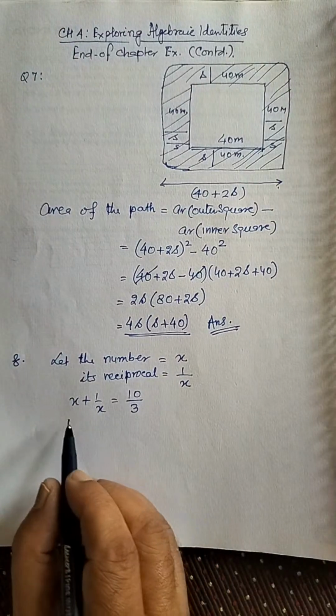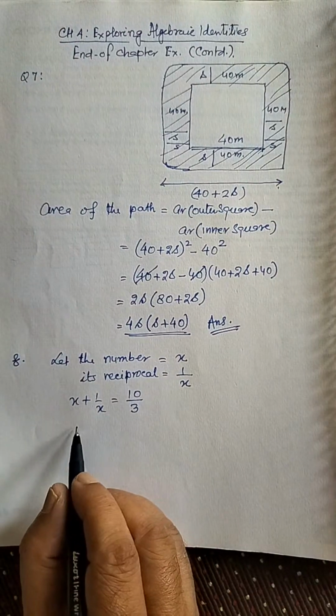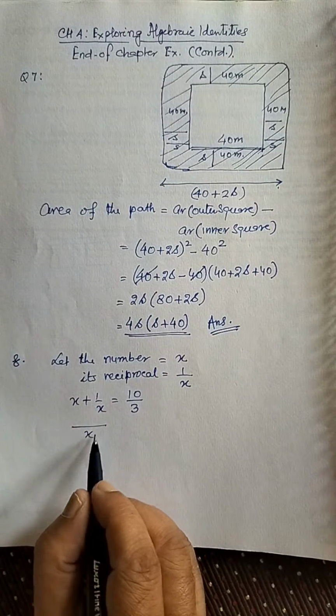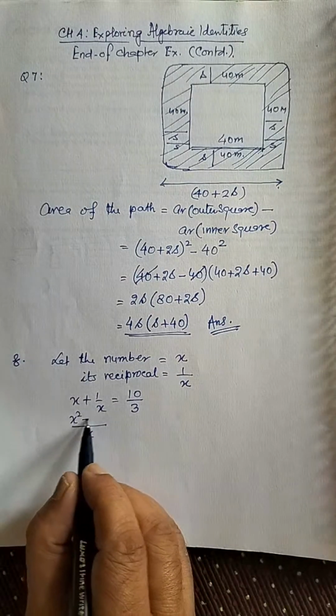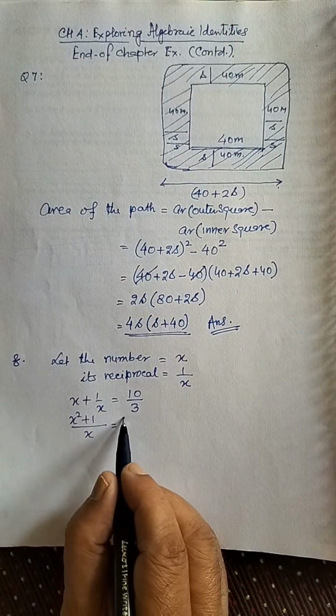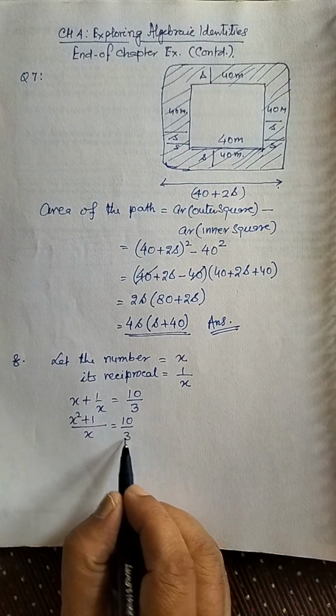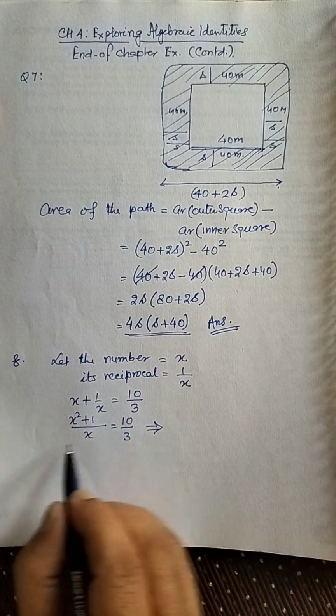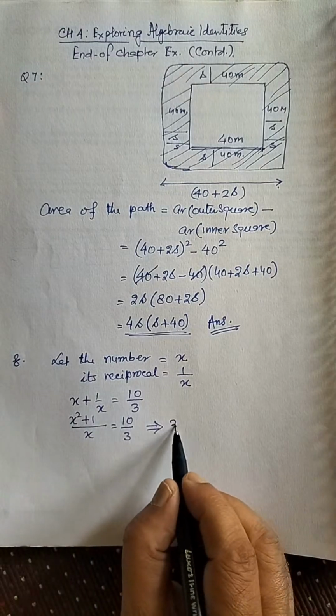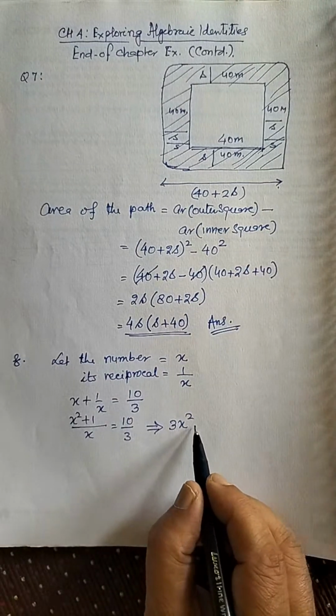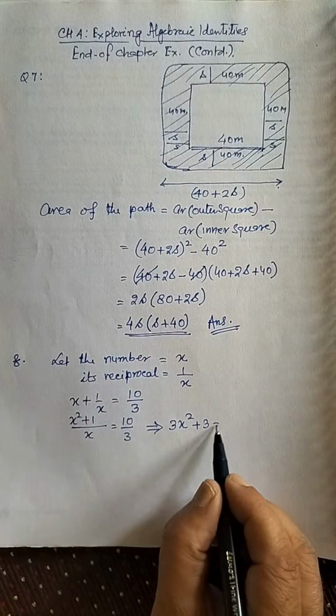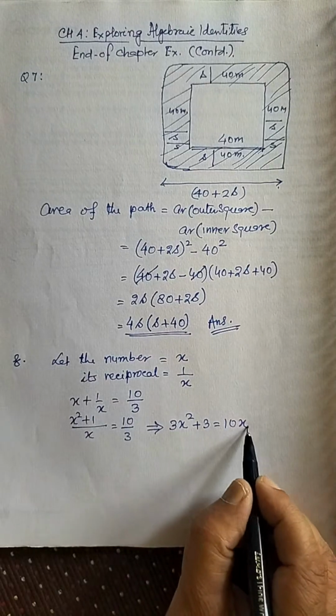Very clearly, you can just first take the LCM x. This becomes (x square plus 1) over x equals 10 over 3, which on cross multiplication will give you 3x square plus 3 equals 10x.